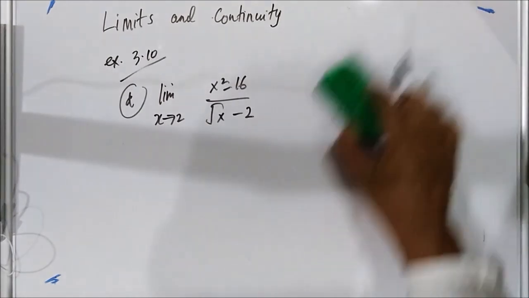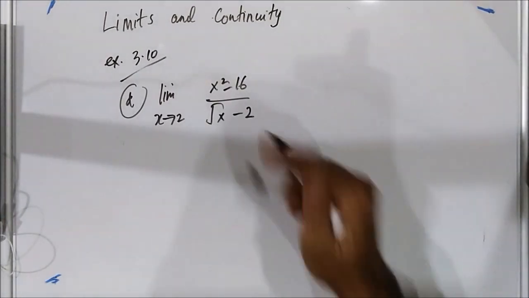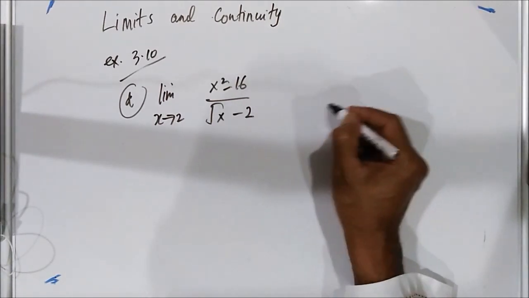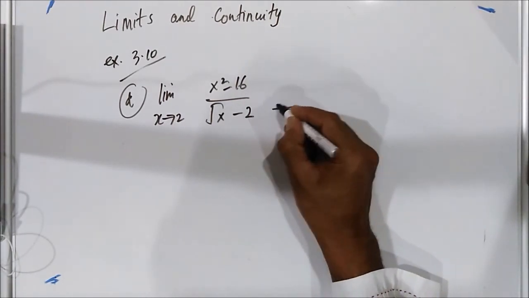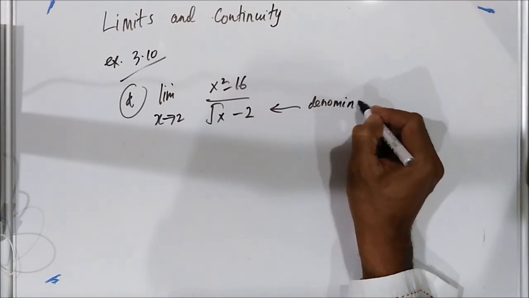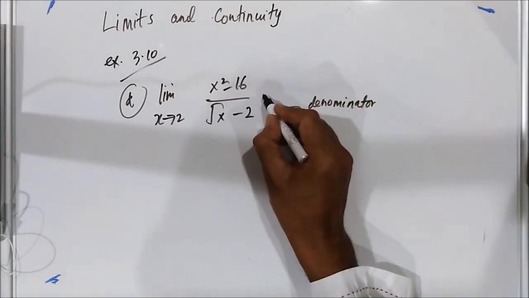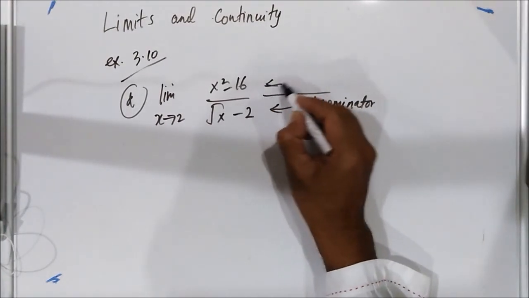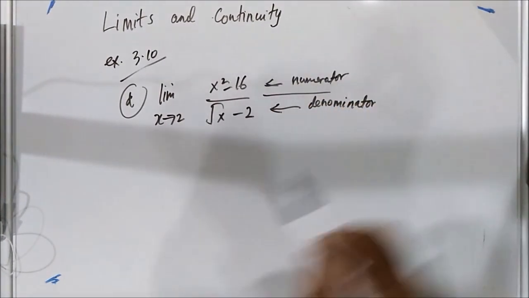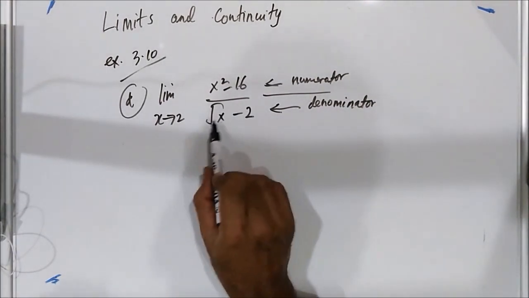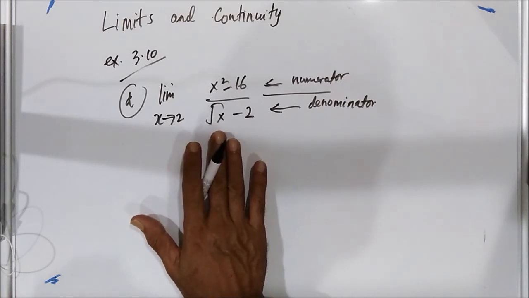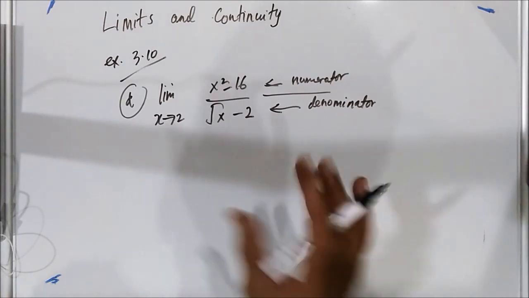So now, to solve this one, you just multiply the bottom, the denominator. This is a denominator, and the top here is a numerator. Now to remove this radical, what I said just now is just multiply by square root of x plus 2.